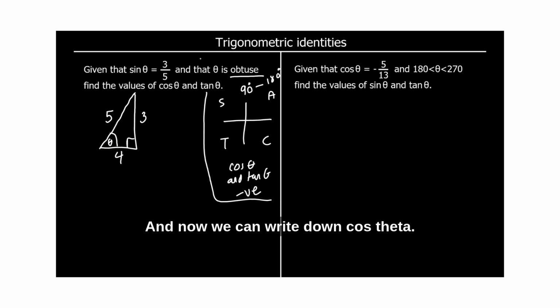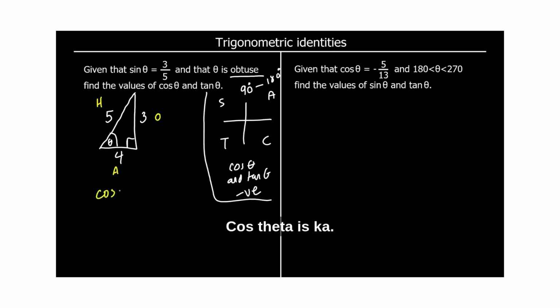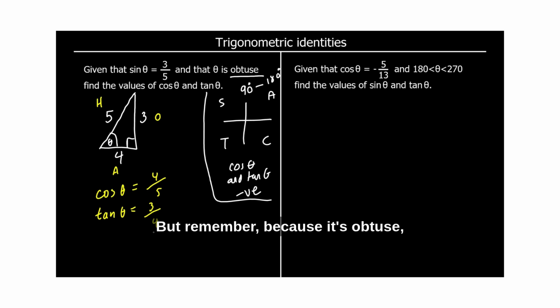And now we can write down cos theta. So we've got the opposite, the adjacent, and the hypotenuse. Cos theta is CAH, adjacent over hypotenuse. Tan theta is TOA, opposite over adjacent. But remember, because it's obtuse, cos and tan will be negative.